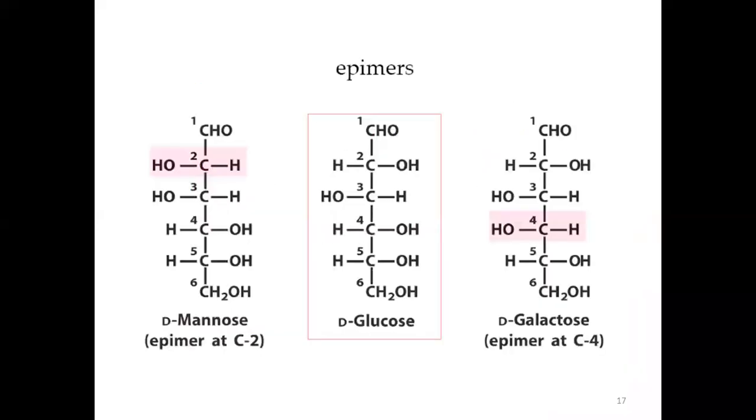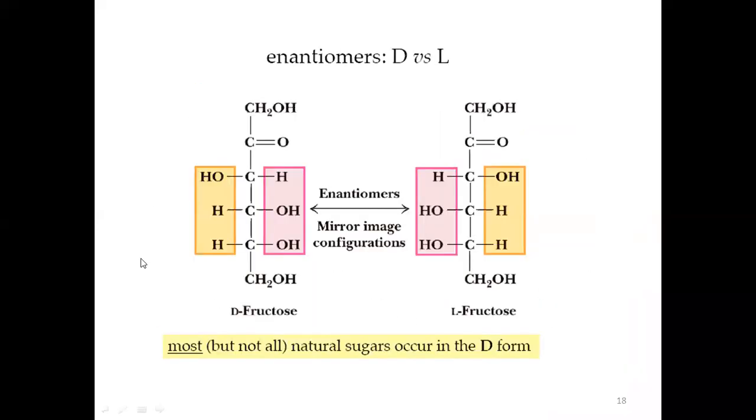When you write the mirror image, you remember your organic chemistry, whatever is on the right side of the chiral center in the Fischer projection becomes the left side of the Fischer projection, and whatever is on the left becomes the right side, because that's what you see in a mirror.